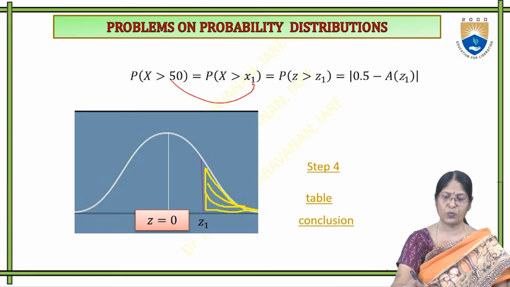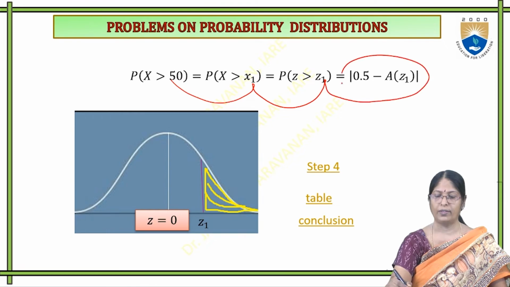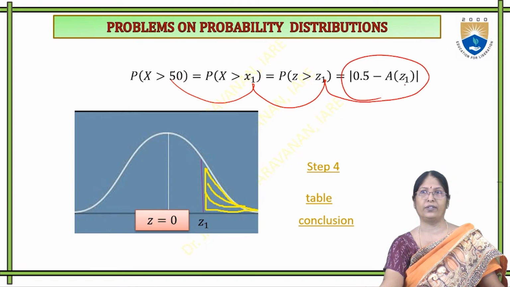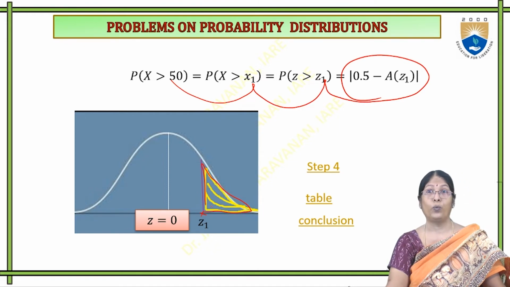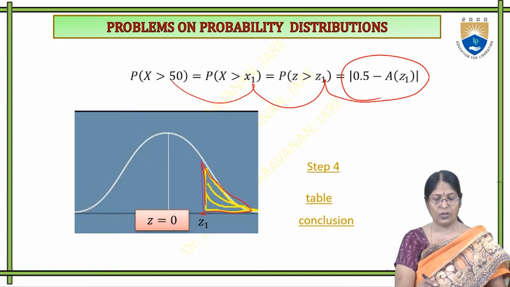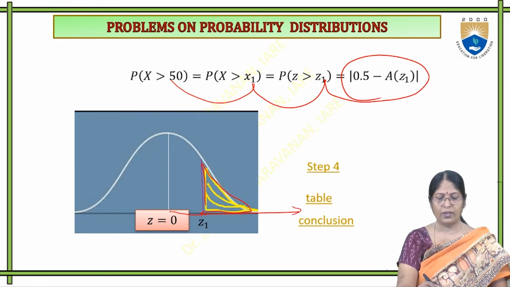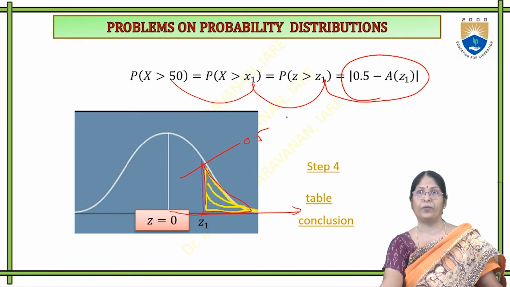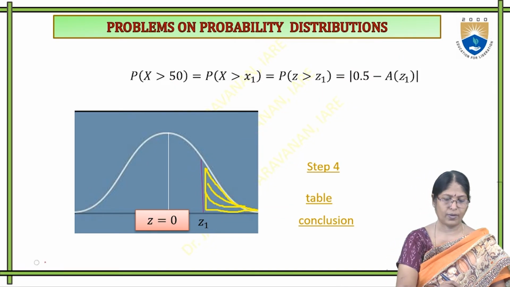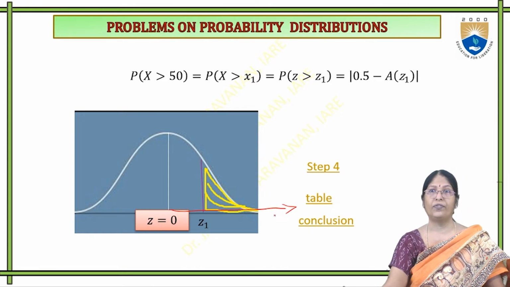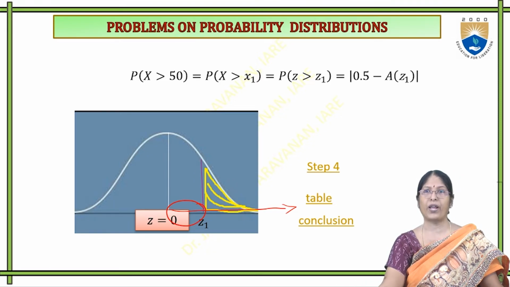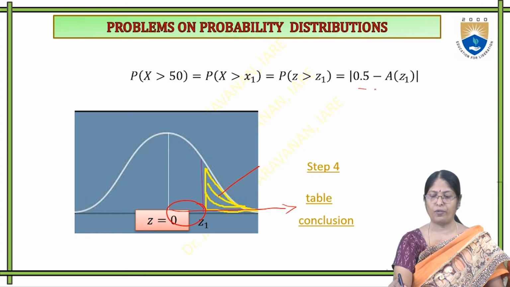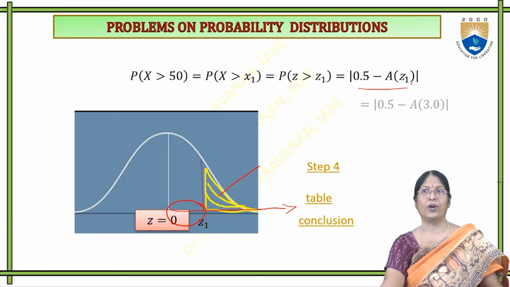That is 50 as x1, x1 as z1, and this is the formula by which we obtained it. Here z1 is there. This is the shaded area we required. We have to evaluate it. This section is 0.5, the area. It goes on to infinity. From this unwanted data, we can subtract, and what is our expected data will come out. So 0.5 minus area of z1.